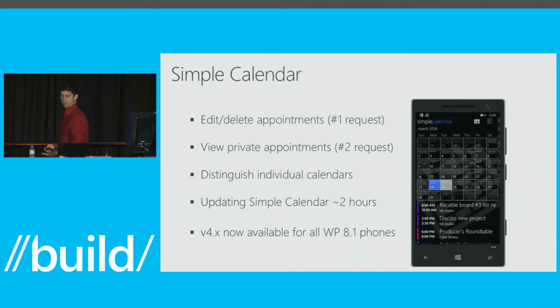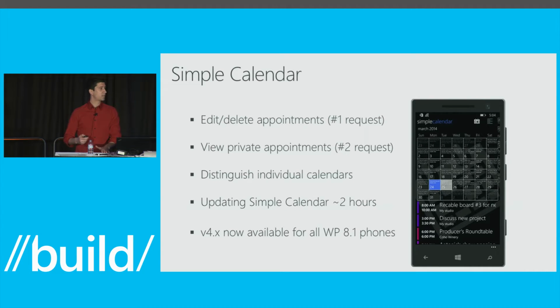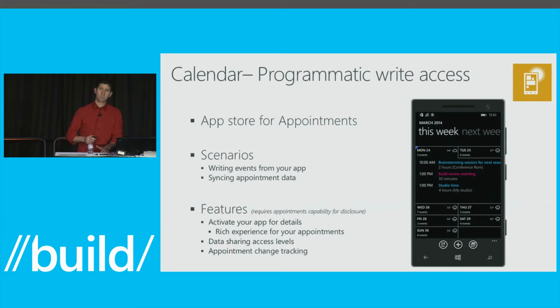Okay, like I mentioned, the first half there was about the rich access to the user data and getting things done. Now we're going to talk about the deep integration into first-party experiences. And the first of those is what has been the number one request on windowsphonedev.uservoice.com, and that's programmatic write access to the user's calendar.